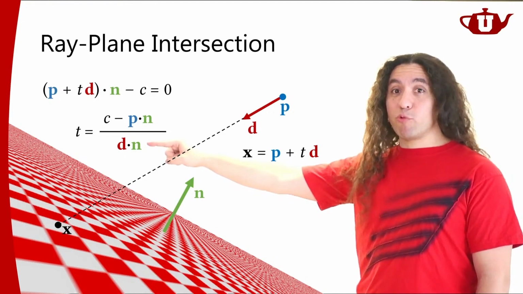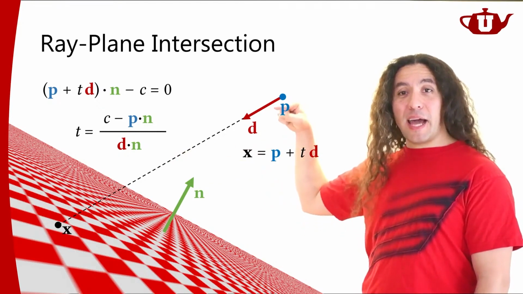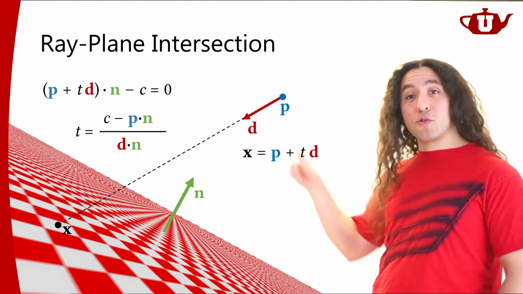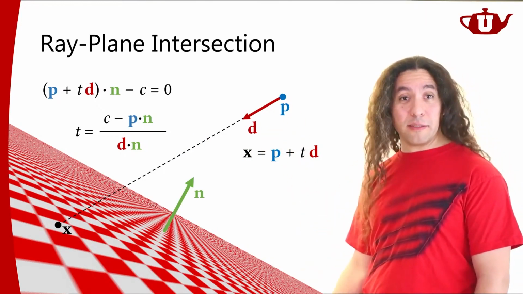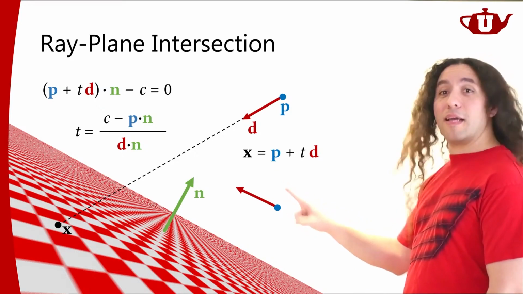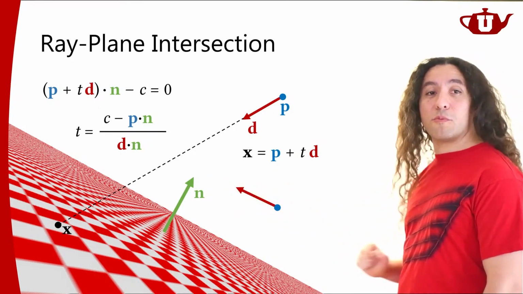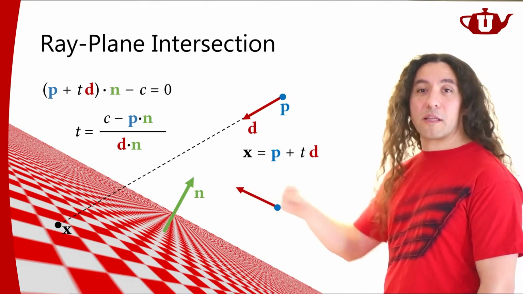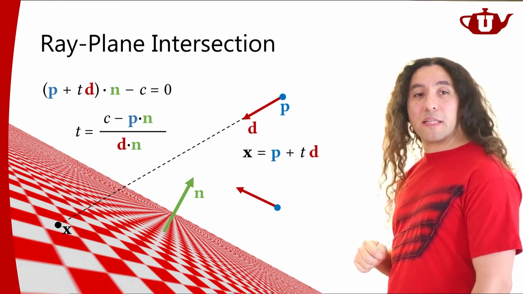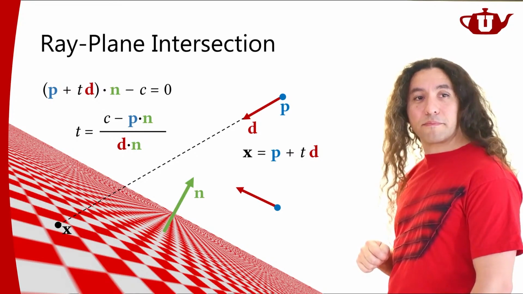So what does that mean? If I take the dot product of d and n and that's 0, that means these two vectors are perpendicular to each other. So that means I have a ray whose direction is perpendicular to the plane normal. So this ray will not be intersecting with the plane.